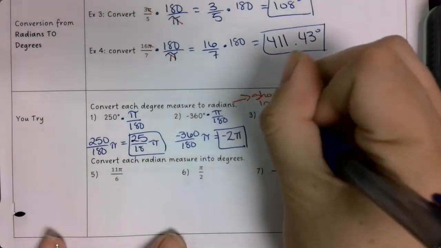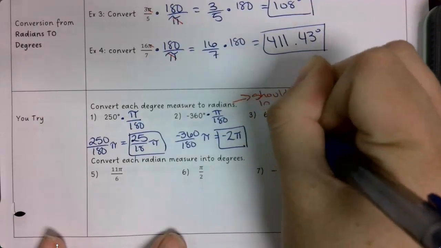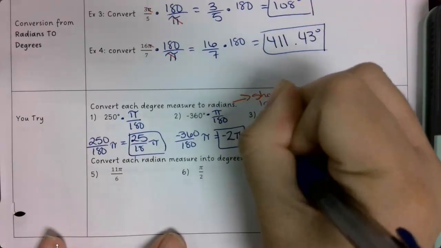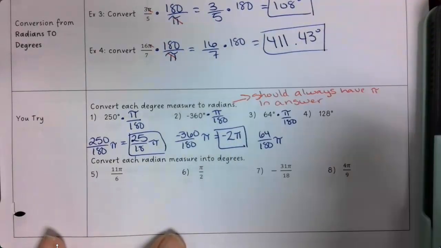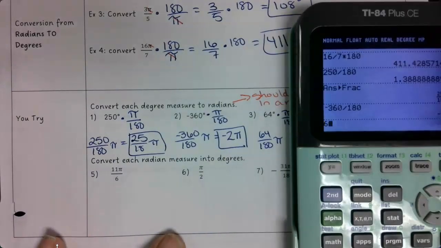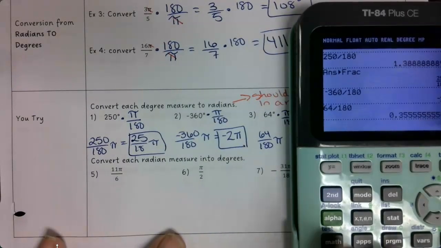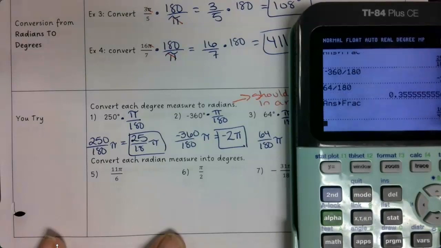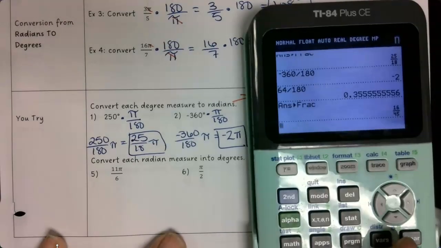Same thing for number 3. So I rewrite it as 64 over 180 times pi, and then I simplify on my calculator, which turns into 16 over 45.